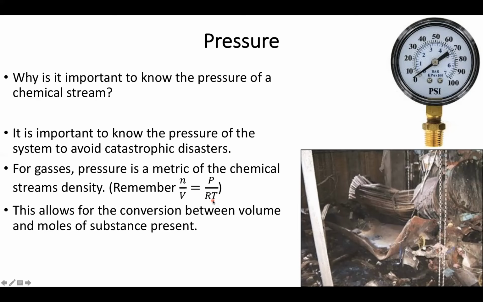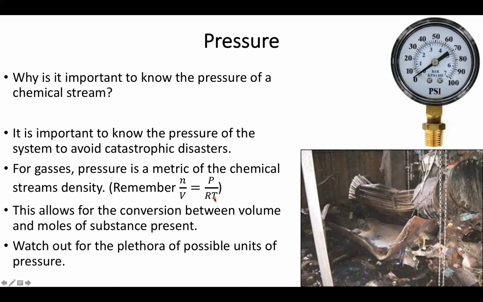Again, this allows for smooth conversions between volumes and moles of the substance, or volume and molar flow rates. But in order to do that, we need to know pressure and temperature. And again, watch out, as there are more pressure units than you can shake a stick at, and industrial chemists love all of them, including, yes, PSI and millimeters of mercury. Both are old favorites.